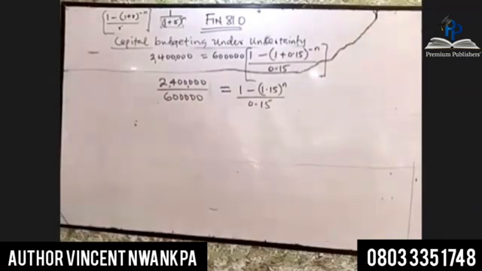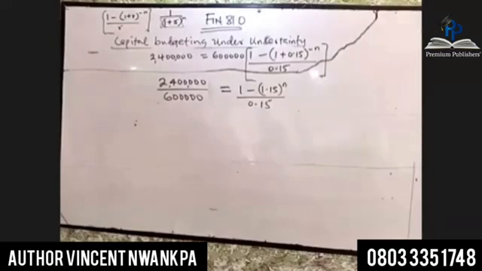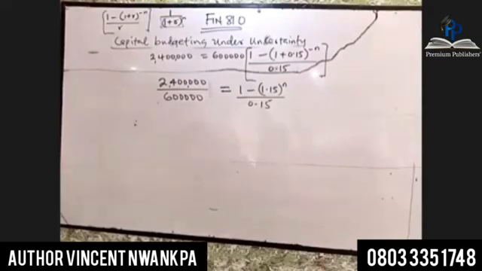4. 0.6, or 1 point something. Excuse me, sir. I think the 1.15 should be raised to power minus n, not n. In what you wrote on the board, sir, the 2.4 million divided by 600,000 equals 1 minus 1.15 raised to power minus n, not n.